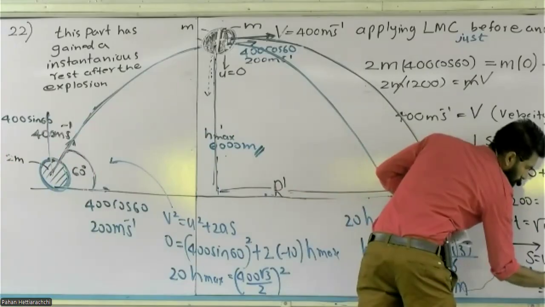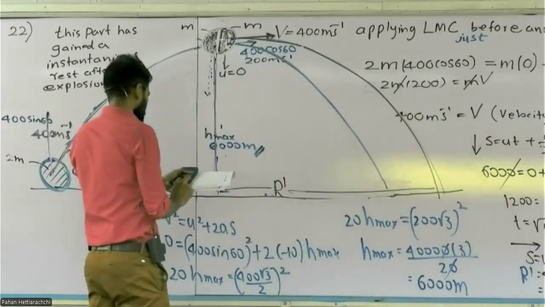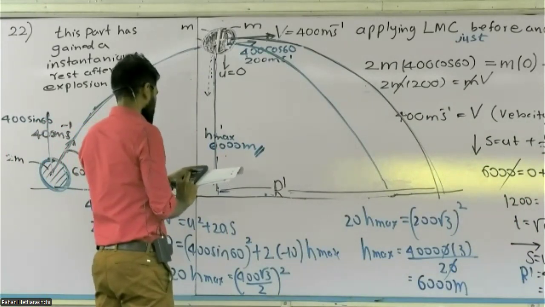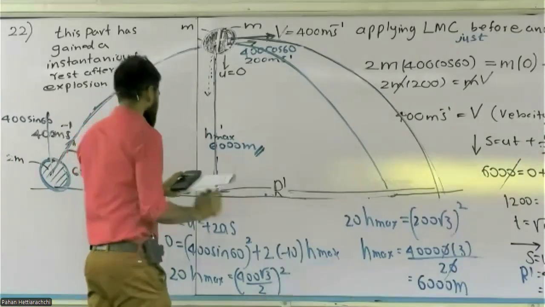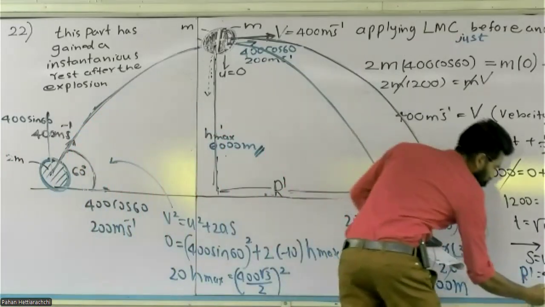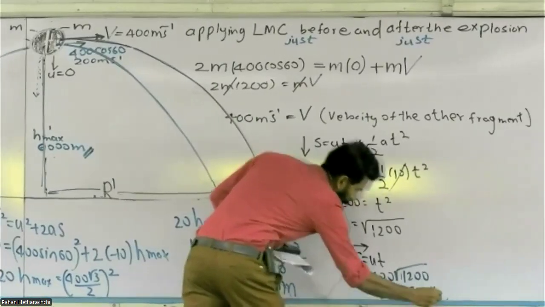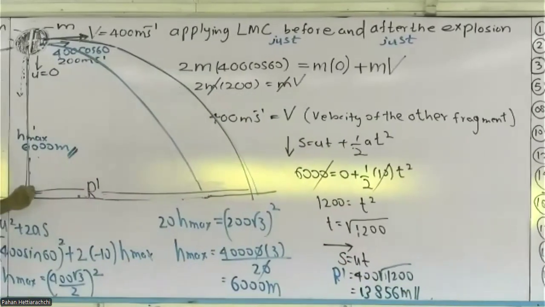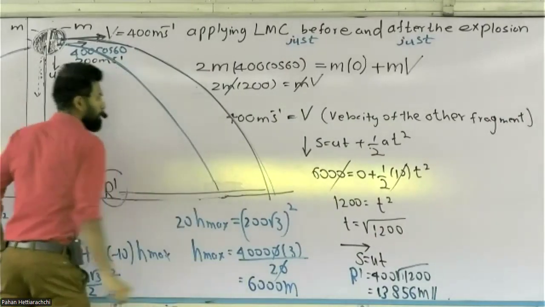And time is root 1200. So 400 multiplied by root 1200 gives 13,856. 13,856 is the length from here to here.